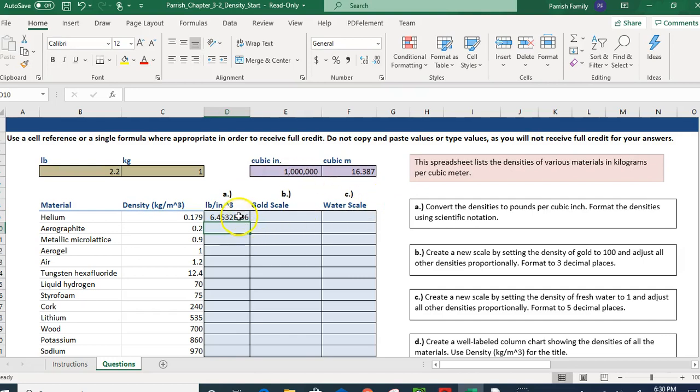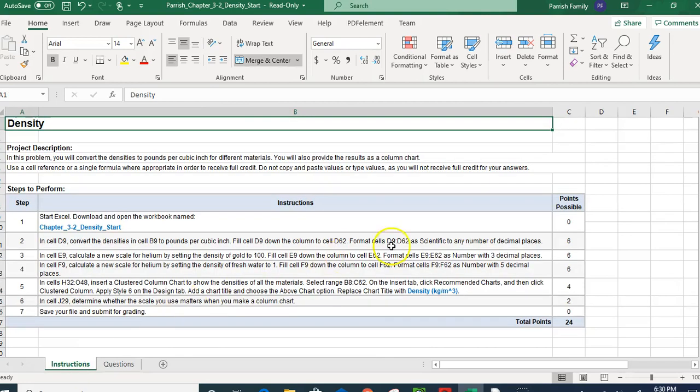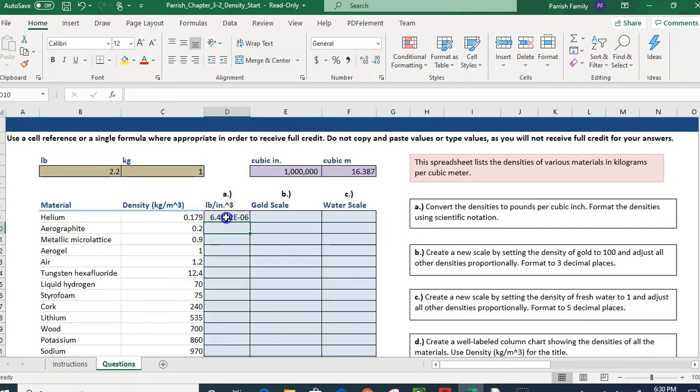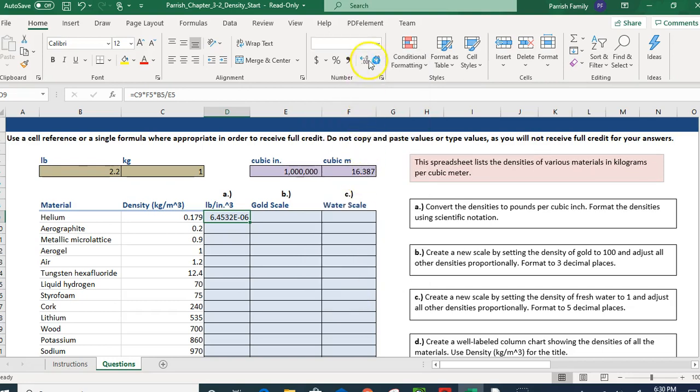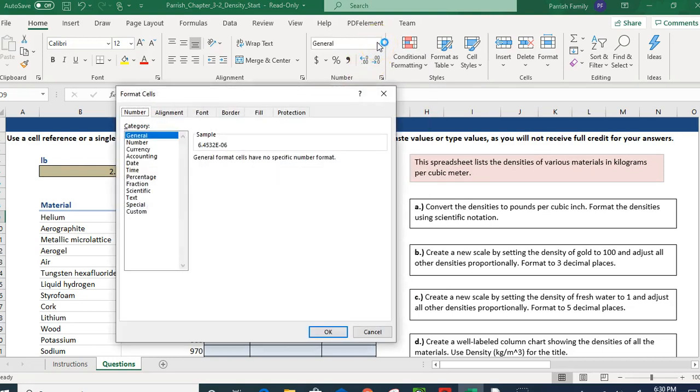Notice the E06, that's called scientific notation. My instructions say to make sure it's in scientific notation to any number of decimal places. So I've got to click on that and change it up here to scientific notation. I'm going to choose number, and I'm going to choose scientific.